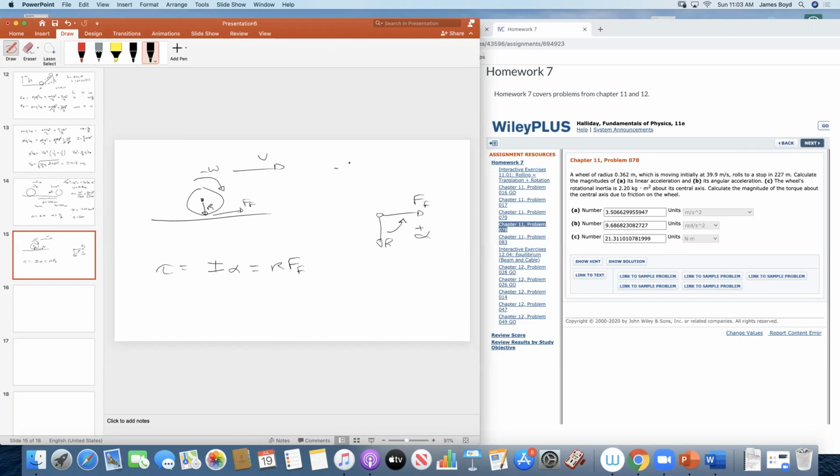However, it's initially moving with negative omega. That's a little bit weird, and that's probably why they didn't ask you about it in this. But because it's rotating clockwise initially, and this torque is making that clockwise rotation go away, stop.